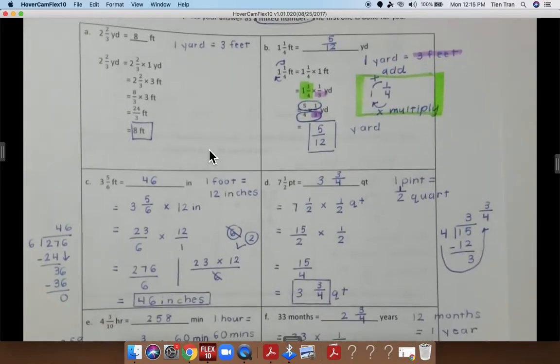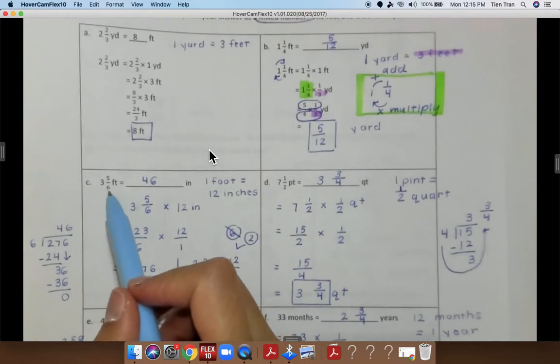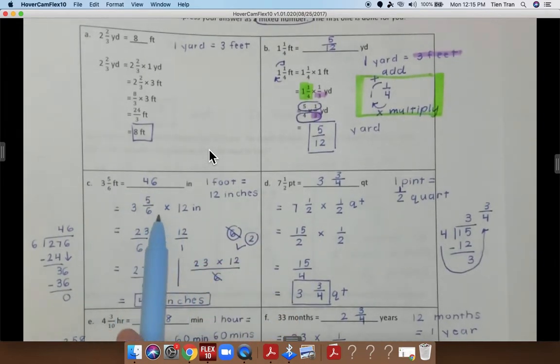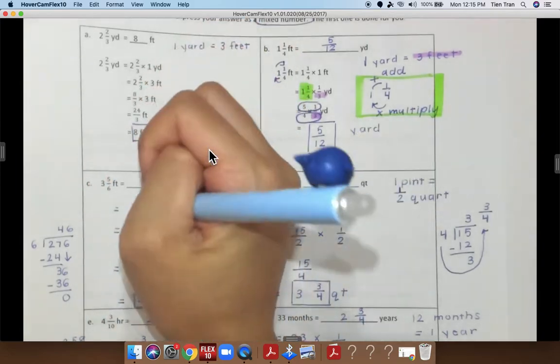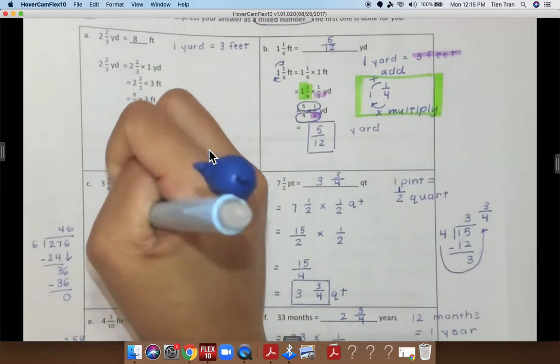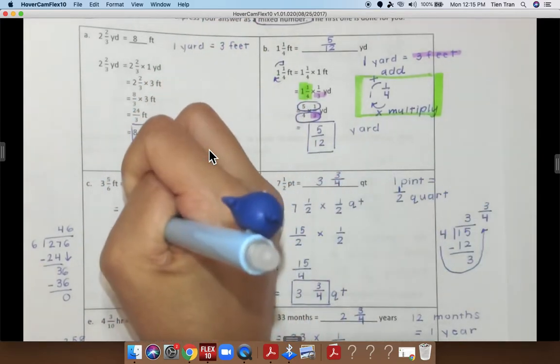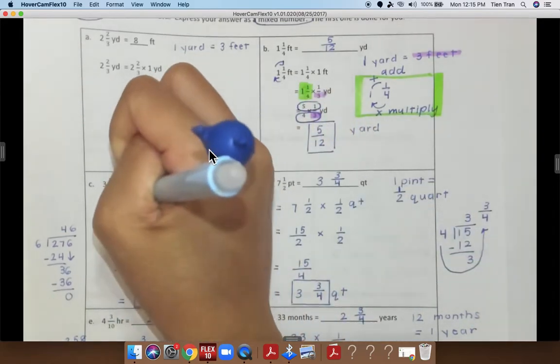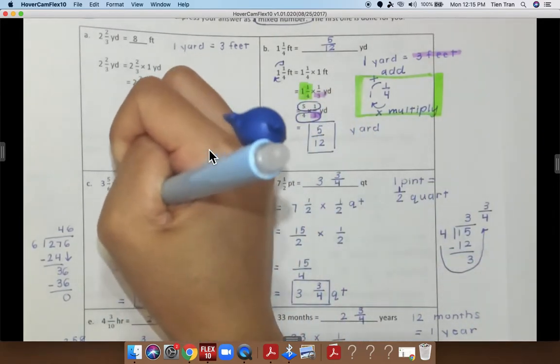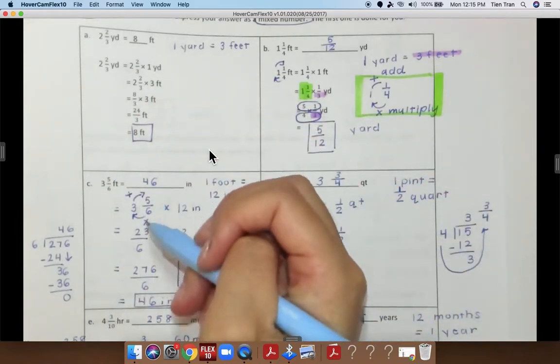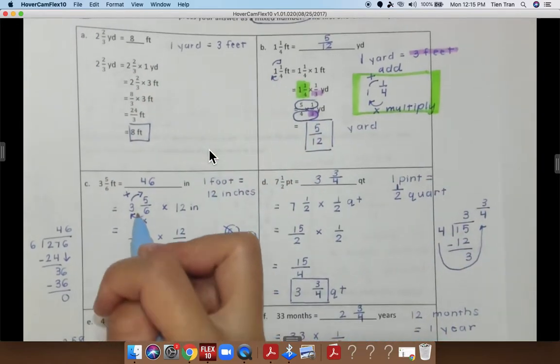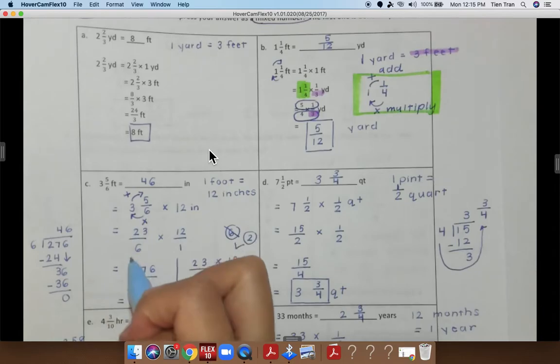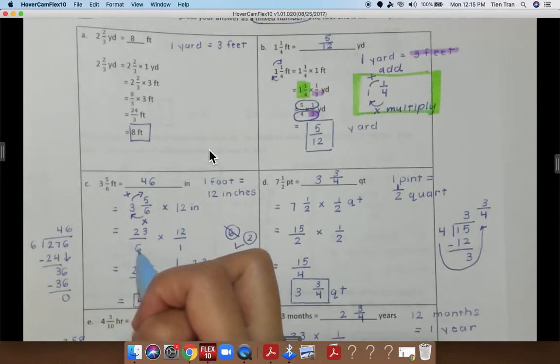Now, problem C, we have 3 and 5/6 feet. So I'm using 3 and 5/6 feet. So what I'm going to do is I'm multiplying 6 times 3, which is equal to 18, and then I'm adding 18 plus 5, which is going to give me 23, and my denominator is 6, so it stays the same, 23/6.